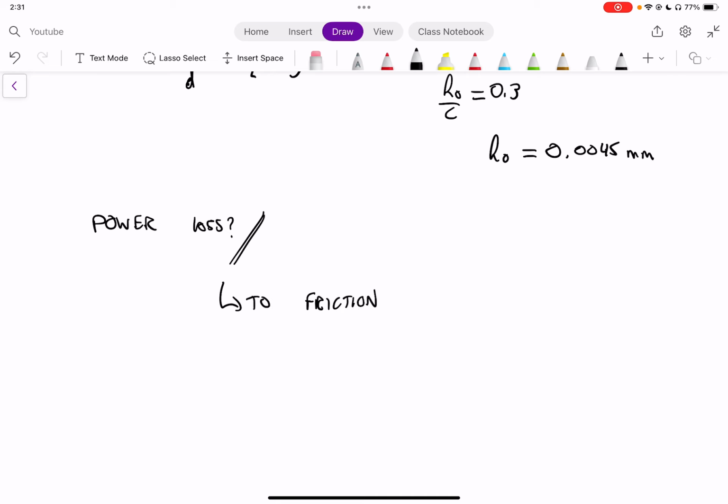If you're losing power to friction, you can use your torque equation to say that torque is equal to friction times W times R. We derived this when we were doing Petrov's equations in the first part of this module. We have that torque is equal to FWR, and that's a friction term.